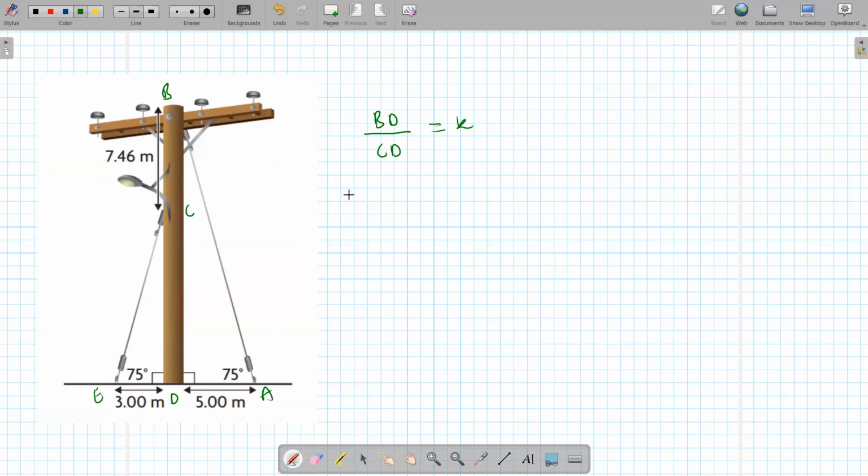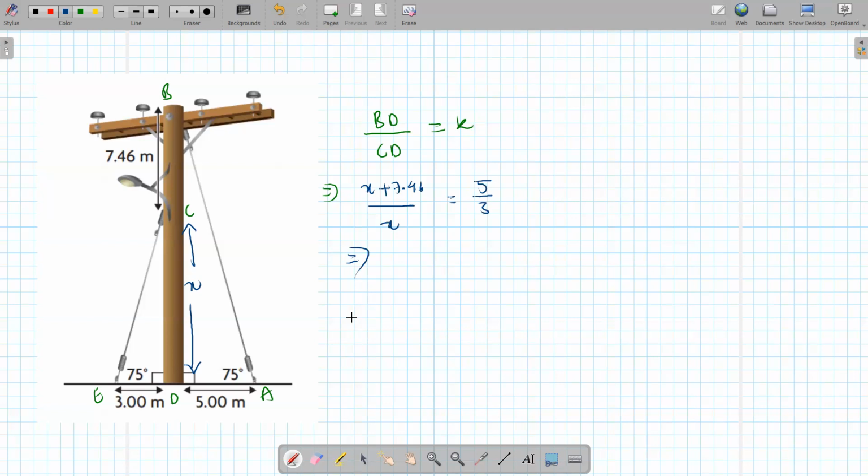Let's assume that the distance from C to D is X. So what's BD in terms of X? Because we need to turn this into an equation. X plus 7.46. Yeah, exactly. That's BD. CD is just simply X, and that equals your K value, the scale factor, 5/3.